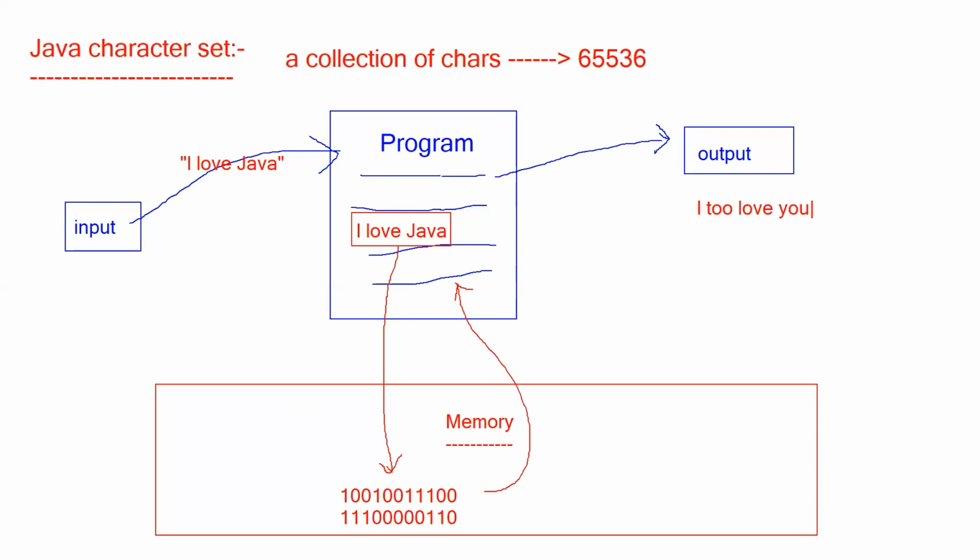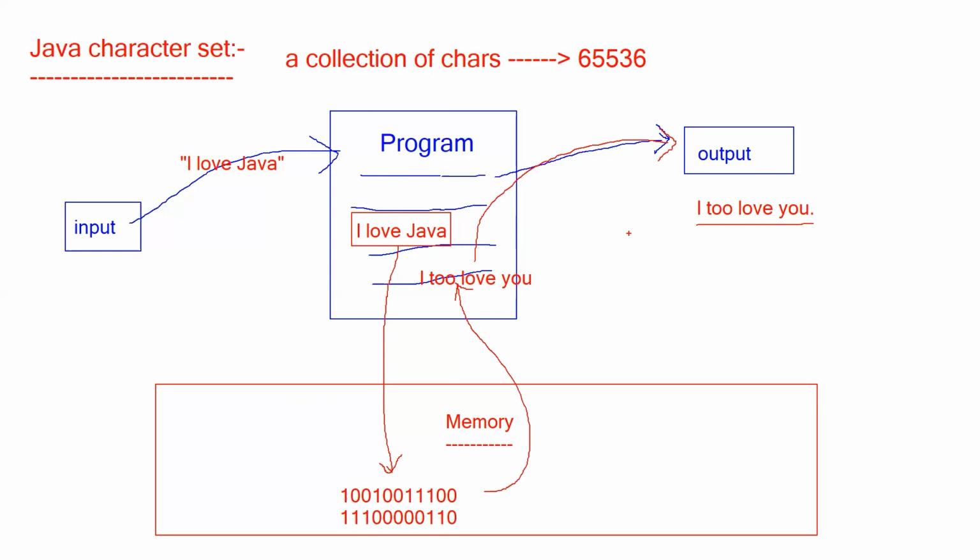This is the output message it has to produce, and it will go out as the output. That means the Java program should be capable of accepting the characters, storing those characters in memory, and displaying them on the output screen.